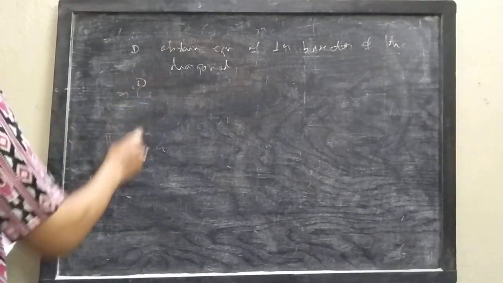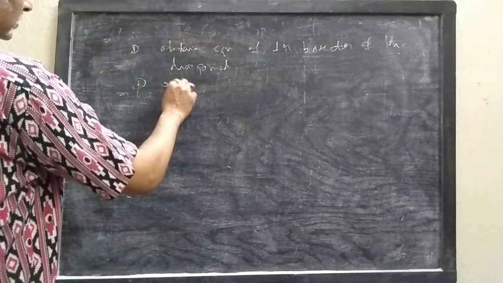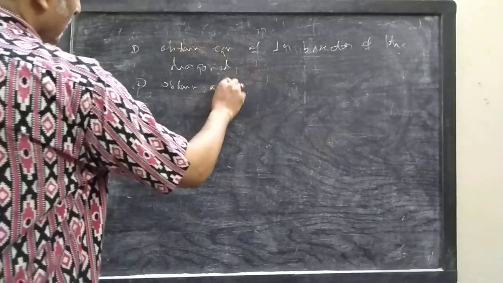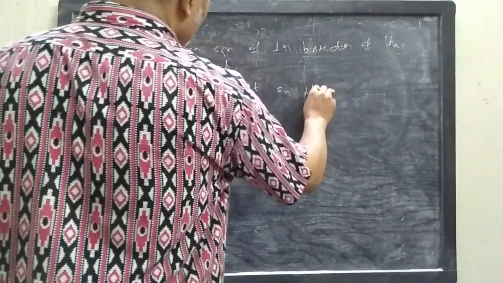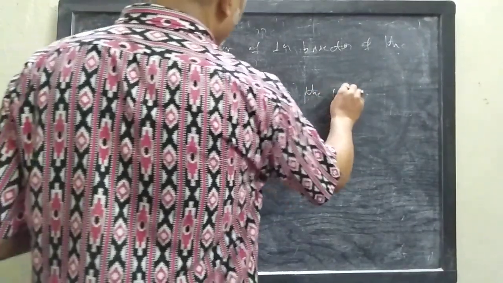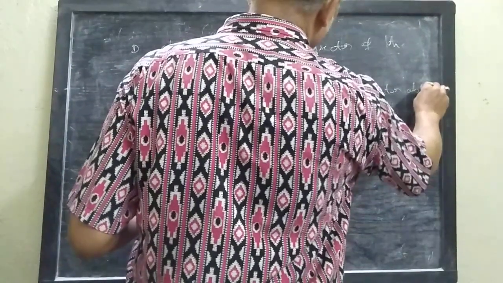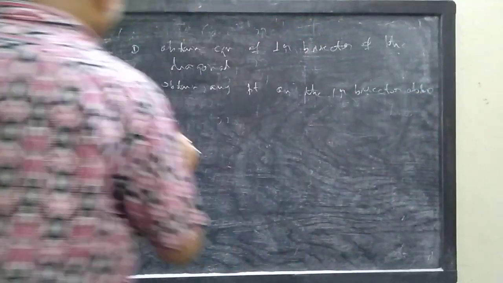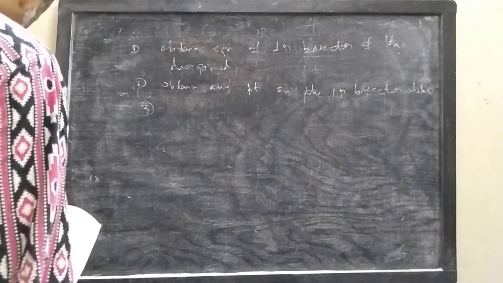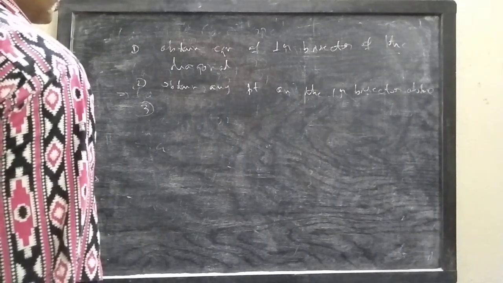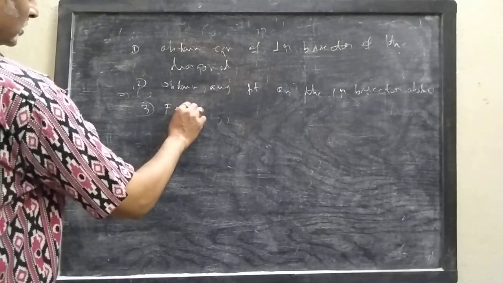Next, step 2. Obtain any point on the perpendicular bisector obtained. Step 3.